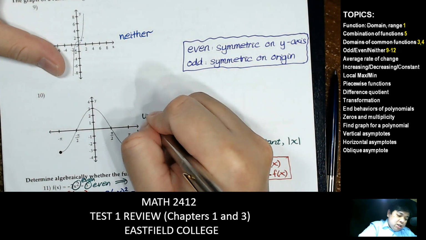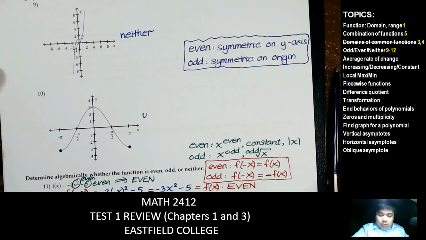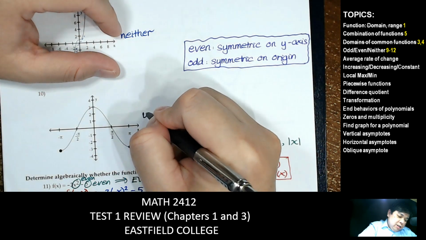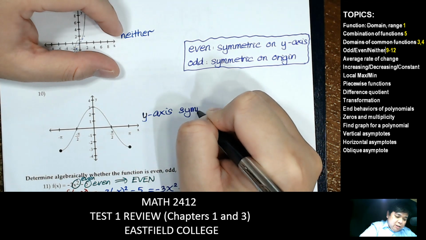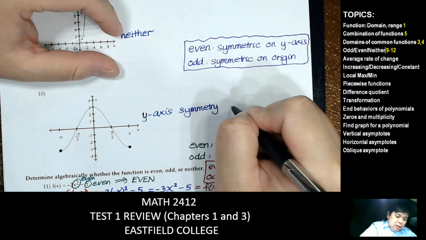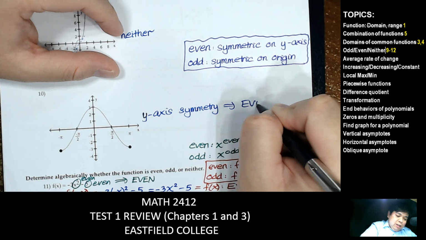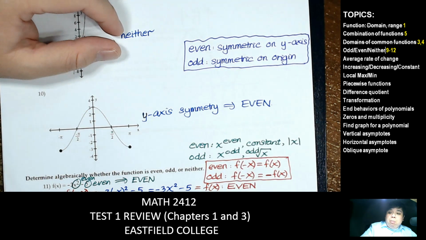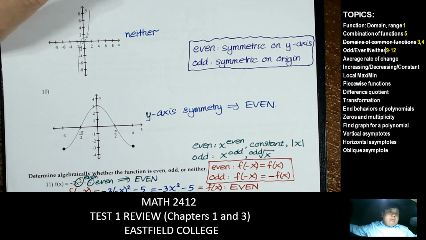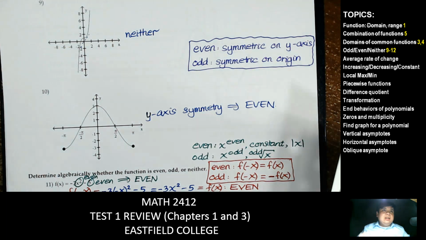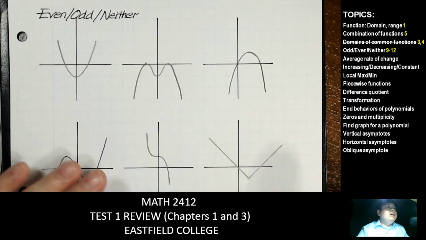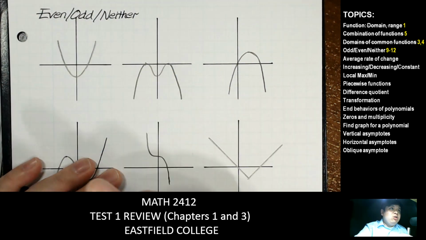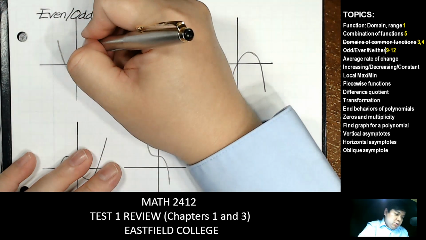So this is y-axis symmetry. It will be even. It has to be perfectly symmetric. I will have some more examples here. So this one is perfectly symmetric on the y-axis. So this one is even.